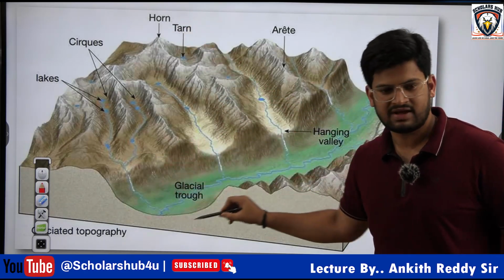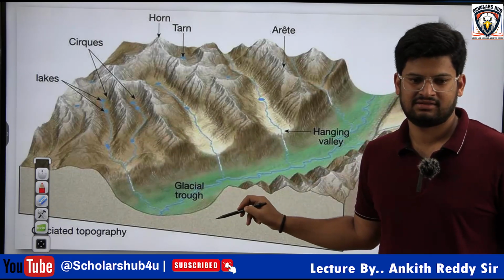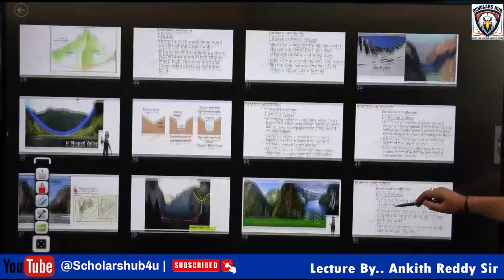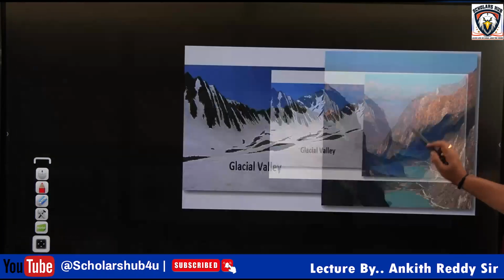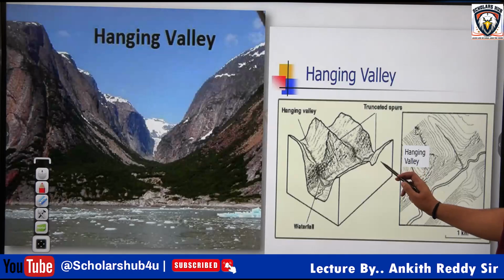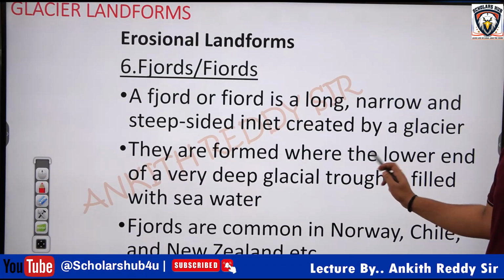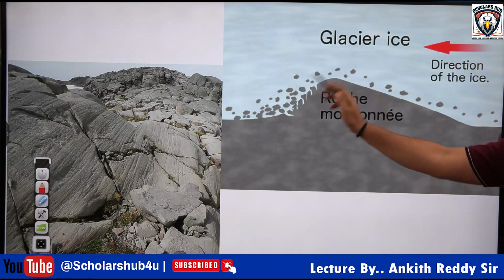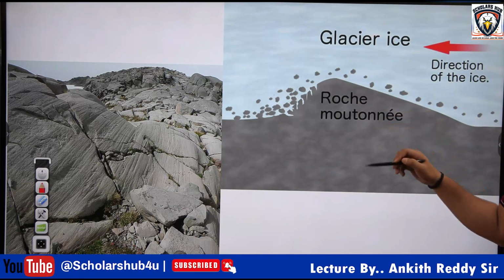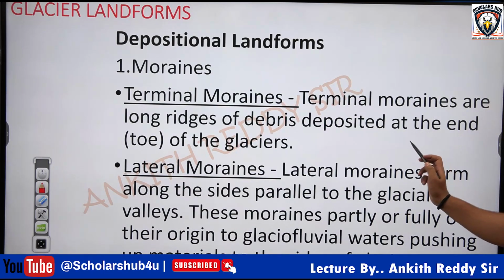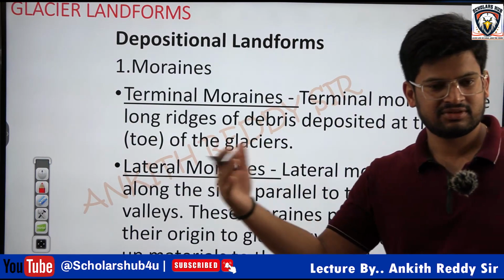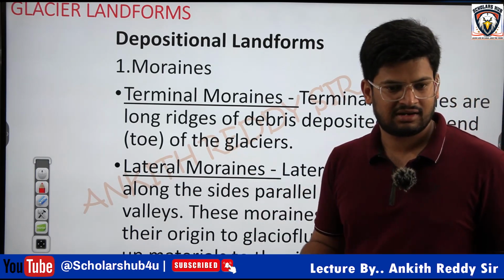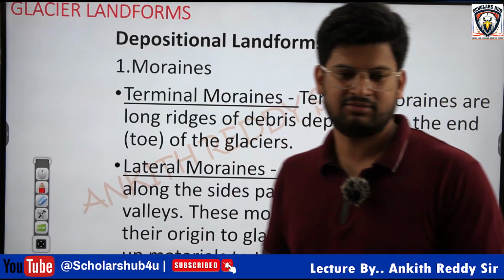Then U-shaped valley, hanging valley, fjords, and roche moutonnée. On one side, the upstream side, it is smooth, and on the downstream side it is rough because plucking is done. Then moraines. What are these moraines? They are the glacial tills. If they deposit on the sides, they are lateral moraines, in between they are medial moraines, and at the end, terminal moraines.